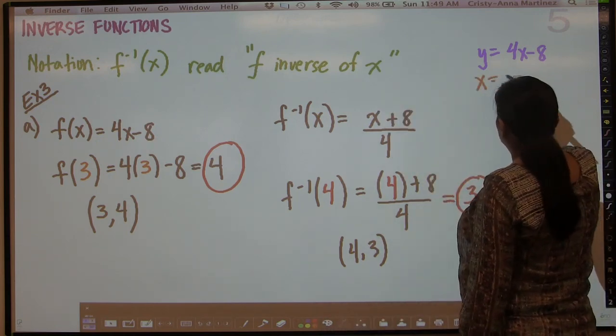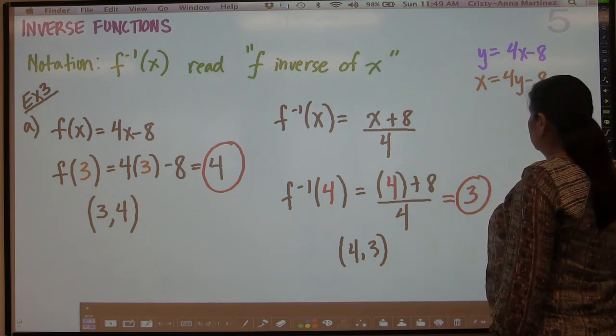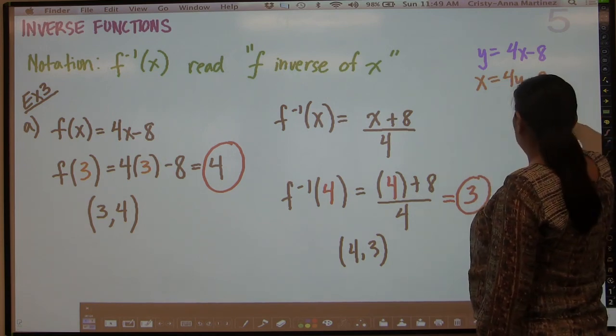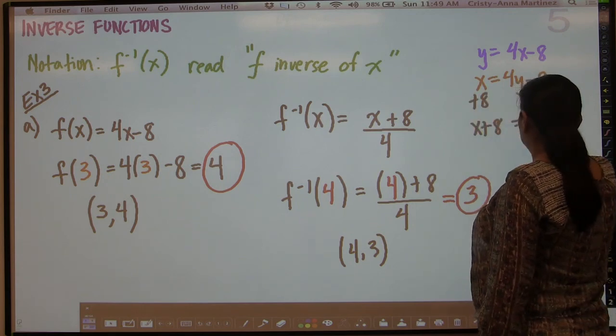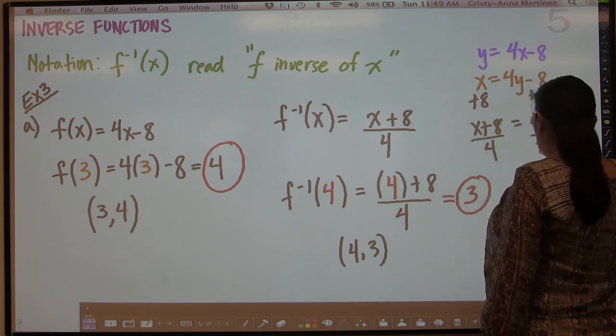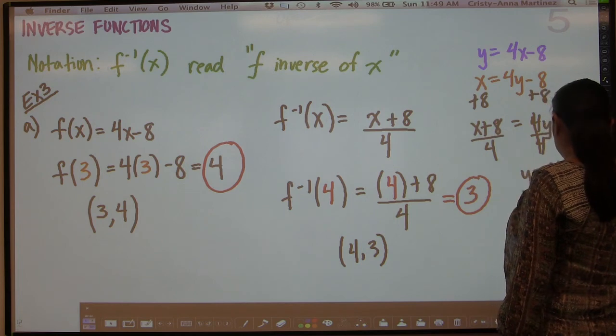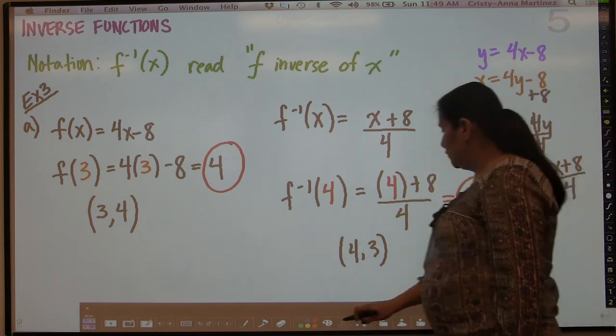So x equals 4y minus 8. Our third step was to solve for y, so I add 8 to both sides. I get x plus 8 equals 4y. Divide by 4, and you get y equals x plus 8 divided by 4. And then our last step was to put it back.